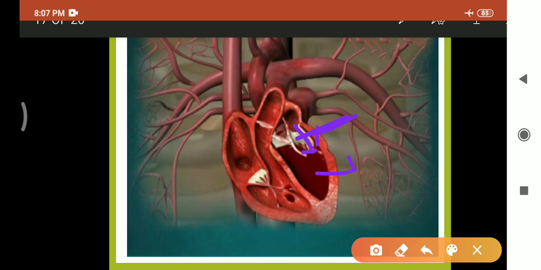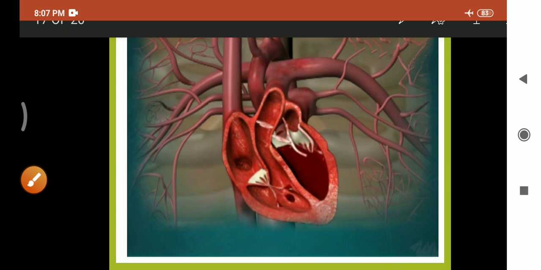So this is the left ventricle. When this blood enters the left ventricle, it expands. What happens next? After a few seconds of expanding, it contracts.